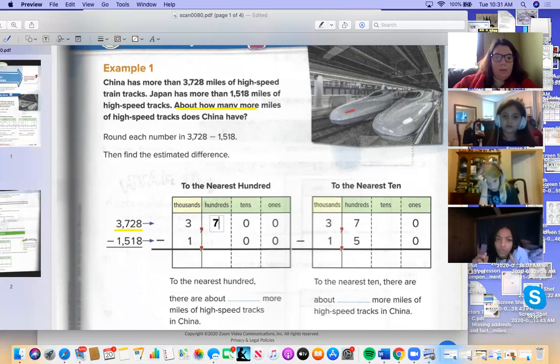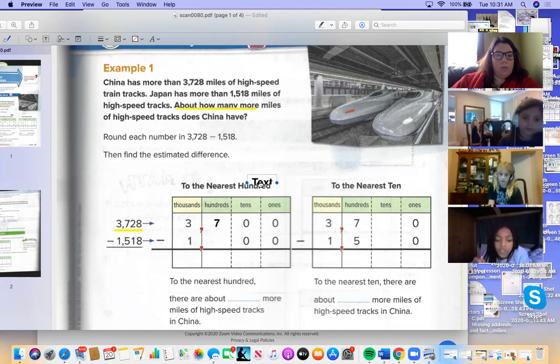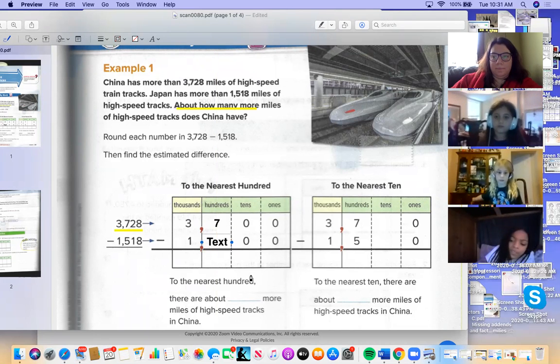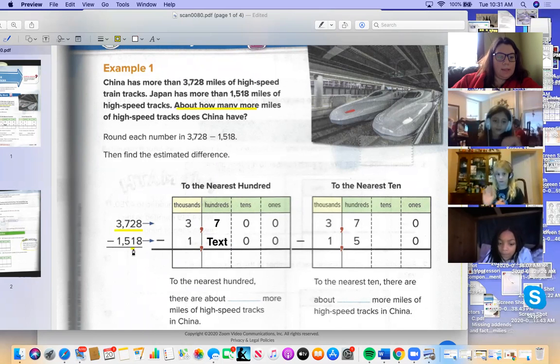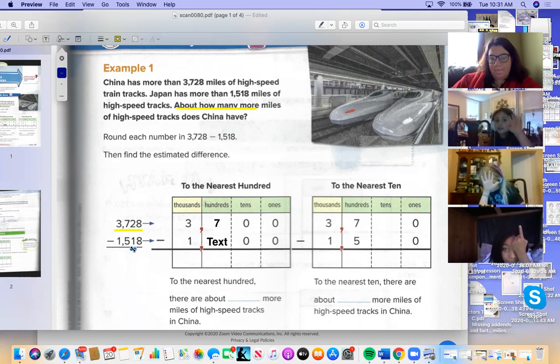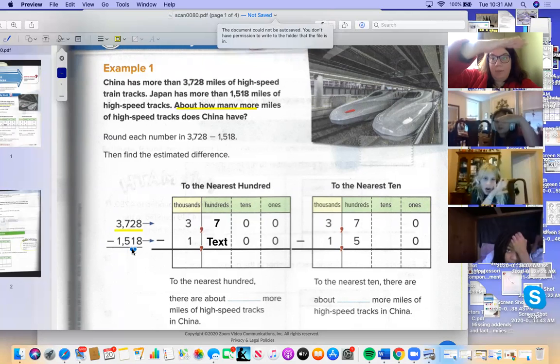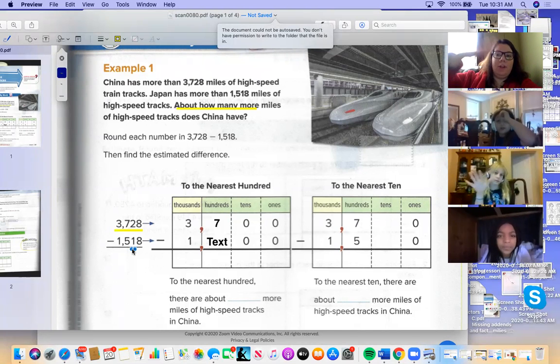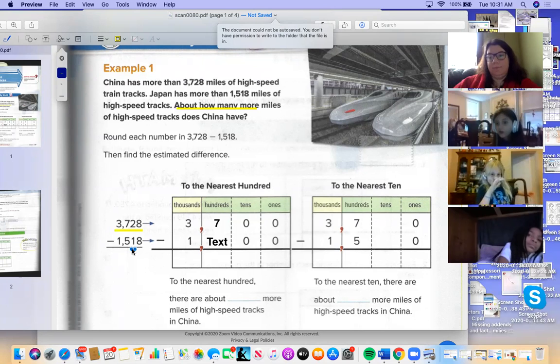3,700. Exactly, 3,700. And 1,518 will round to what? So we have a 5 in the hundreds place, and we look at our tens place to tell us what we're doing, and we have a 1 there. So Selena, are we going to stay on the 500th floor, or are we going to round up? We have a 1 in the tens place. 1 through 4, we stay on the floor, we leave it alone. 5 through 9, climb up.